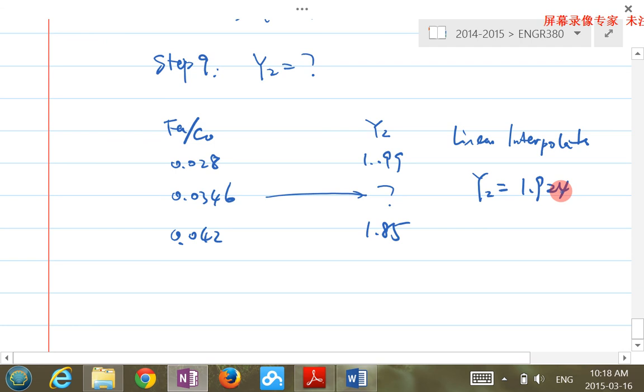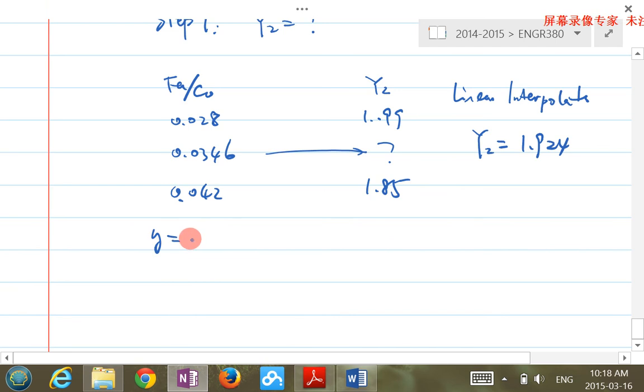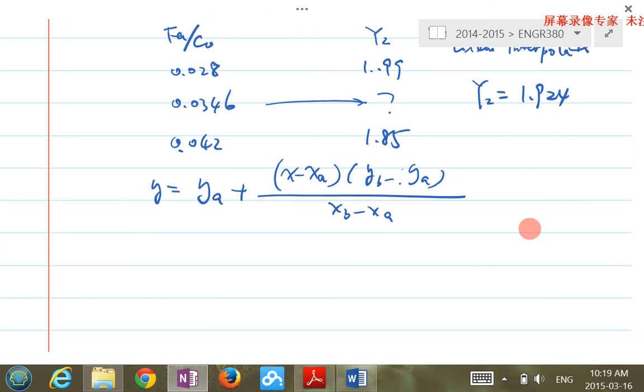That's y2. Here's the linear interpolation formula: y equals ya plus (x minus xa) over (xb minus xa) times (yb minus ya).